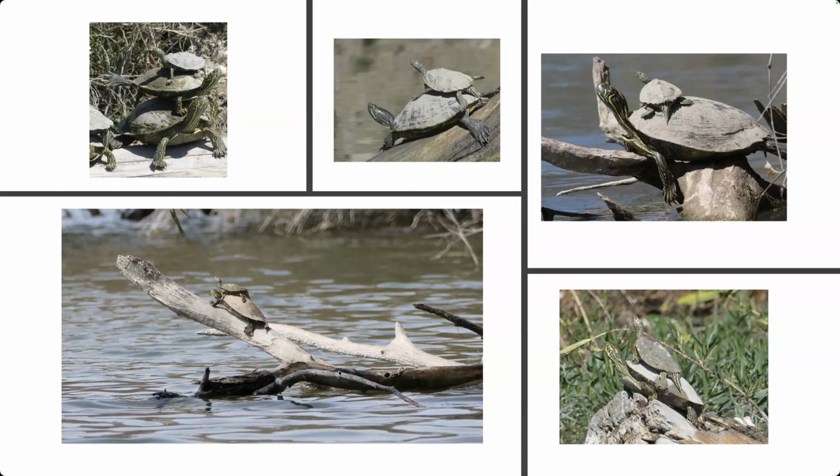I don't know exactly what's causing this, whether it's some kind of micro conditions, whether it's some type of social interaction, or another option is that they could be lookouts potentially, given that they are wary. And if they jump in the water, this could be an indicator to these other sliders and cooters that there's a threat nearby. So there could basically be some kind of interesting behavior that could be studied further.